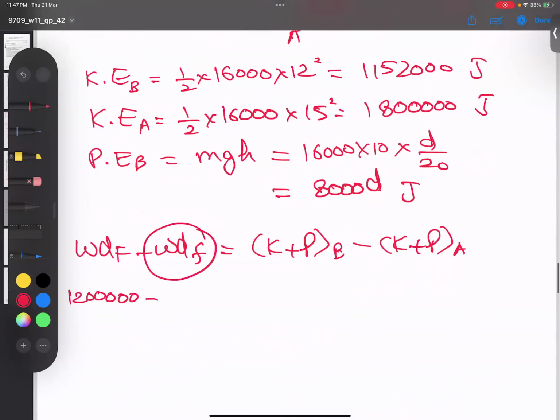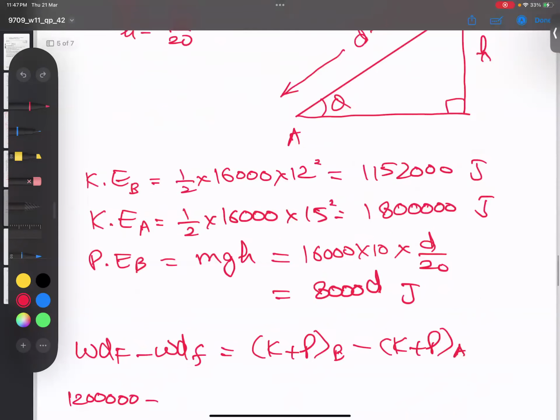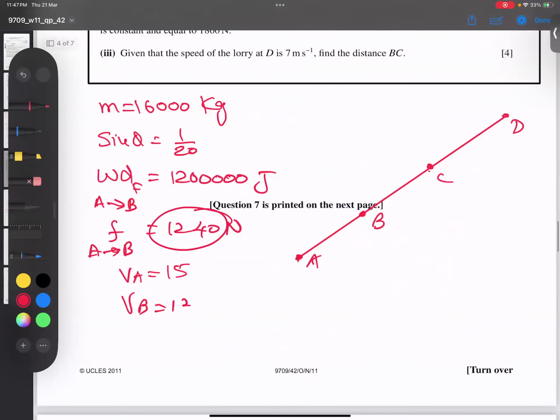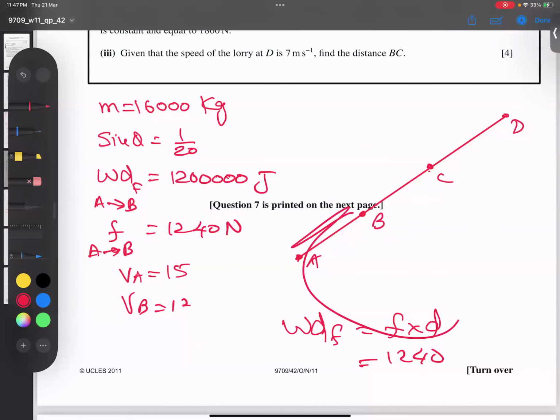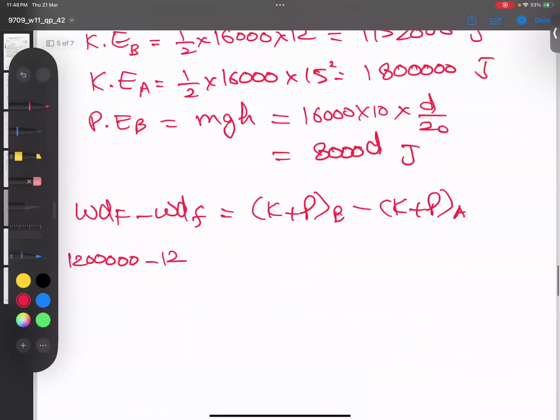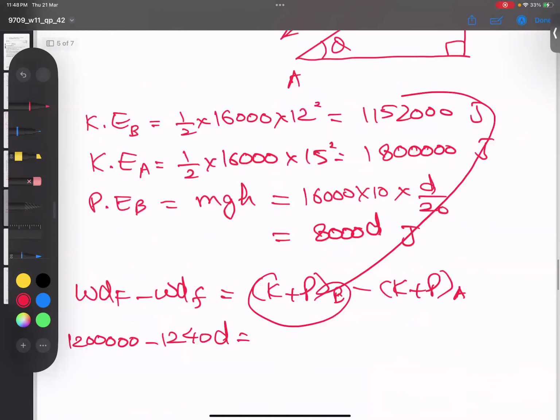And what is this one? Friction force into distance. The friction force is 1240, and the distance I don't know, d. Basically the work done by friction is force into distance. So I'm leaving it as it is, 1240 into d.